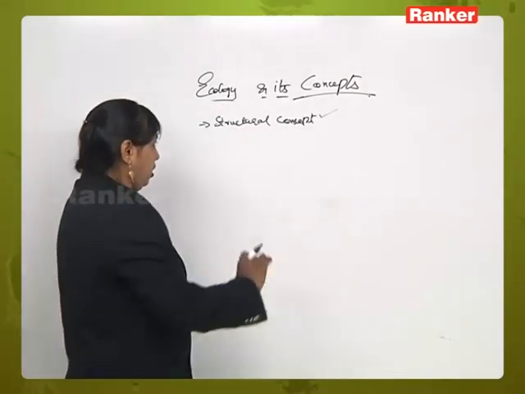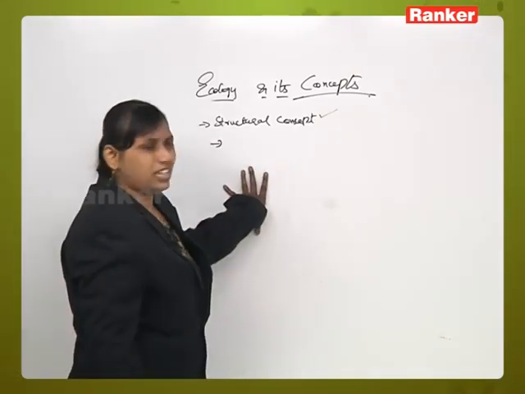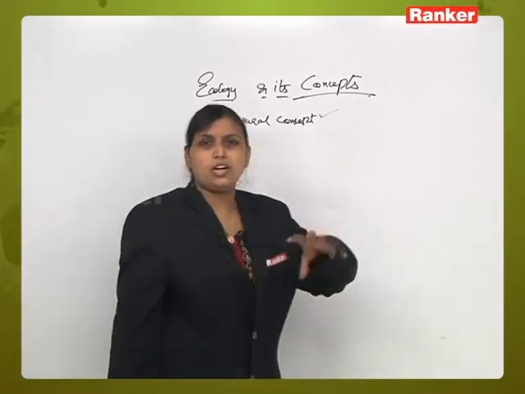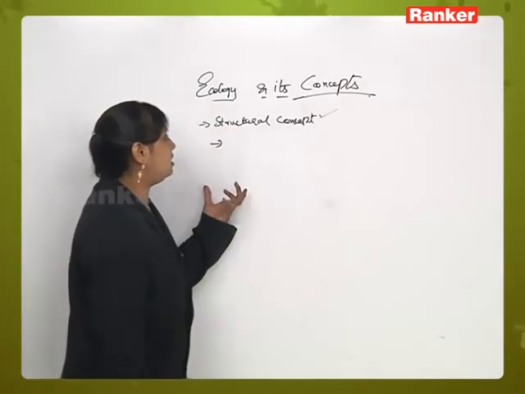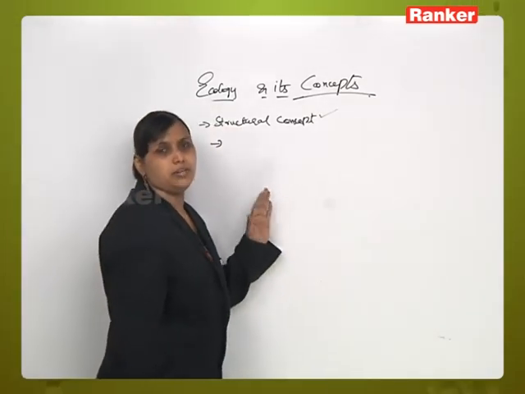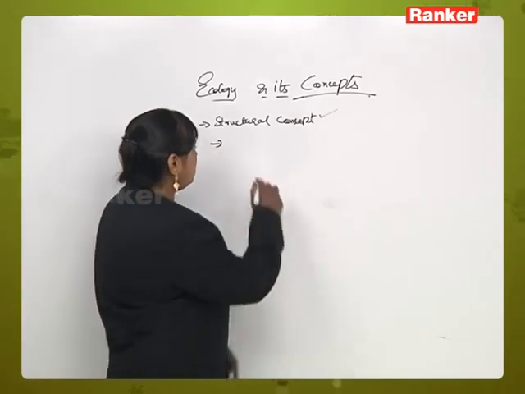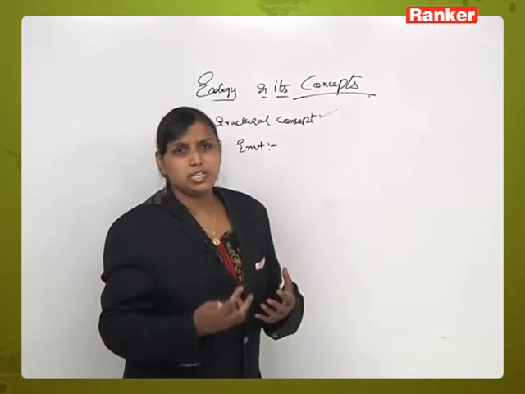When we are talking about the structural concept, we will talk first about the environment, because the whole of ecology is moving around the environment and its components. Environment is a complex and dynamic structure, and it has n number of factors associated with it.